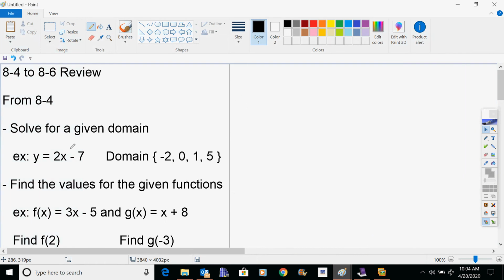So for example, if you have y equals 2x minus 7. What this really means, since you're given this domain, is that you're figuring out what y value goes with each x value.